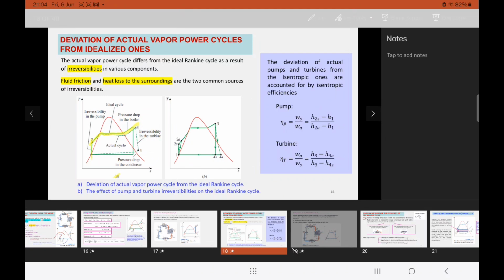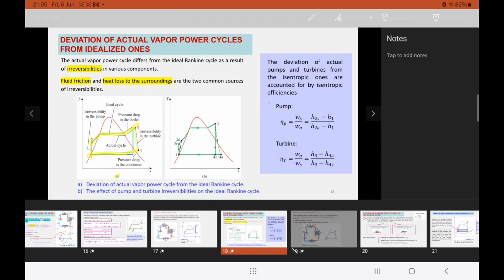And then from state 3 to state 4, the irreversibility in the turbine contributes to the deviation, and then from state 4 going to state 1, there's a slight pressure drop that occurs in the condenser. The deviation of actual pumps and turbines from the isentropic ones is accounted for by isentropic efficiencies.